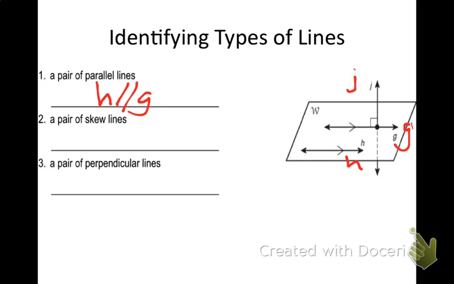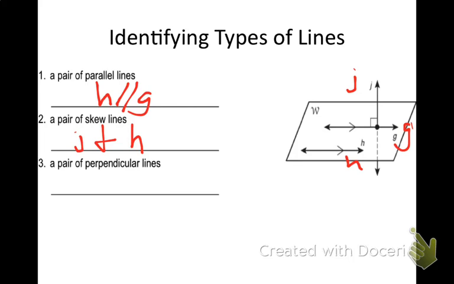Well, at least you're honest. What do you say, Ryan? What's an example of skew lines? J and H. Very good. Because J is going up and down, H, they're not intersecting and they're not parallel.